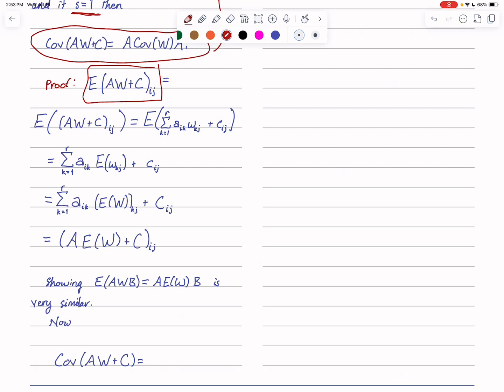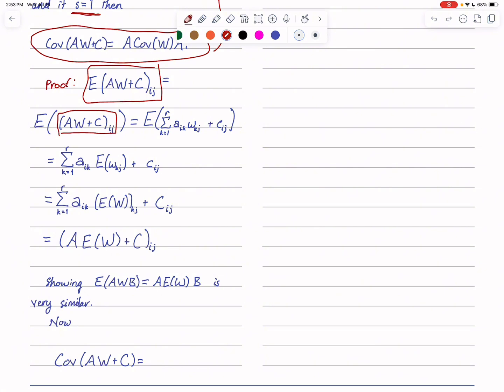First move that I can make here is to say that, just by definition, the expected value of a matrix of random variables is the matrix of expected values, and in particular that is still true when fixing the ij coordinate.